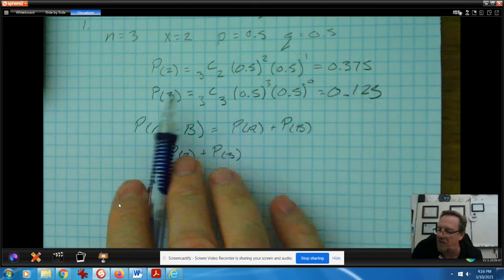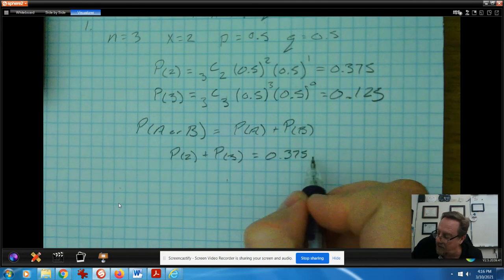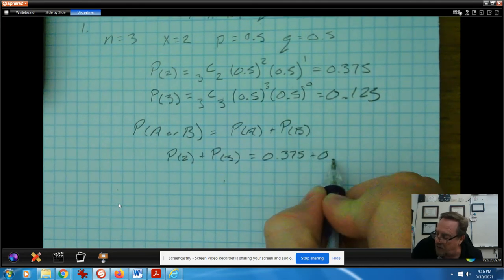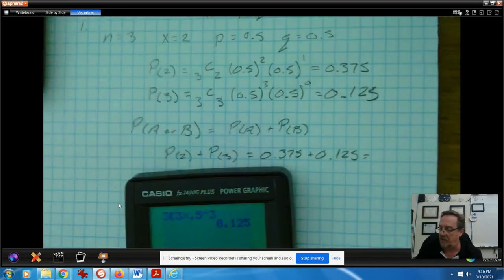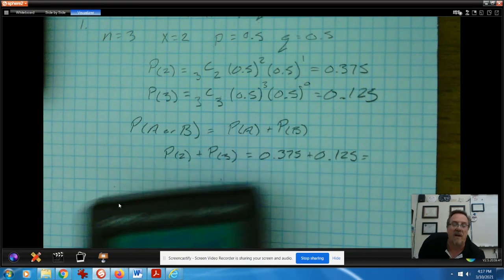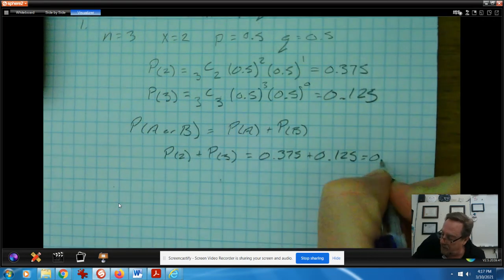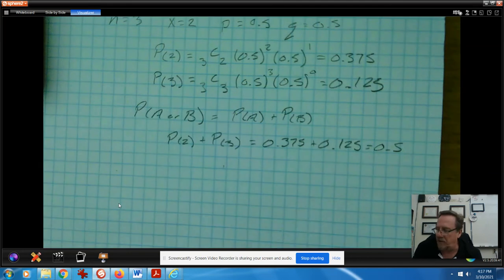Notice I have those numbers up here. So that's equal to 0.375 plus 0.125. And if I put those in, notice I get 0.5. Okay, so that's really just the probability that we're going to get at least 2 girls when we have 3 children, with these probabilities.